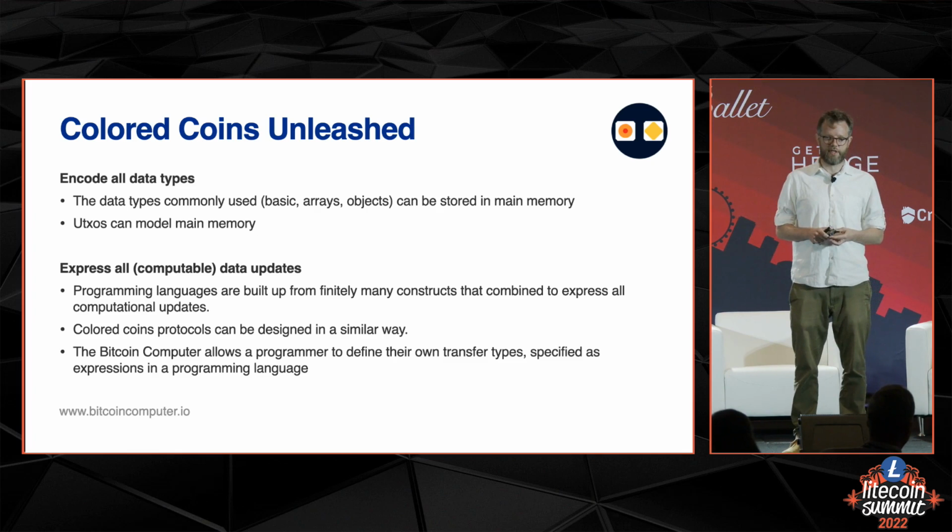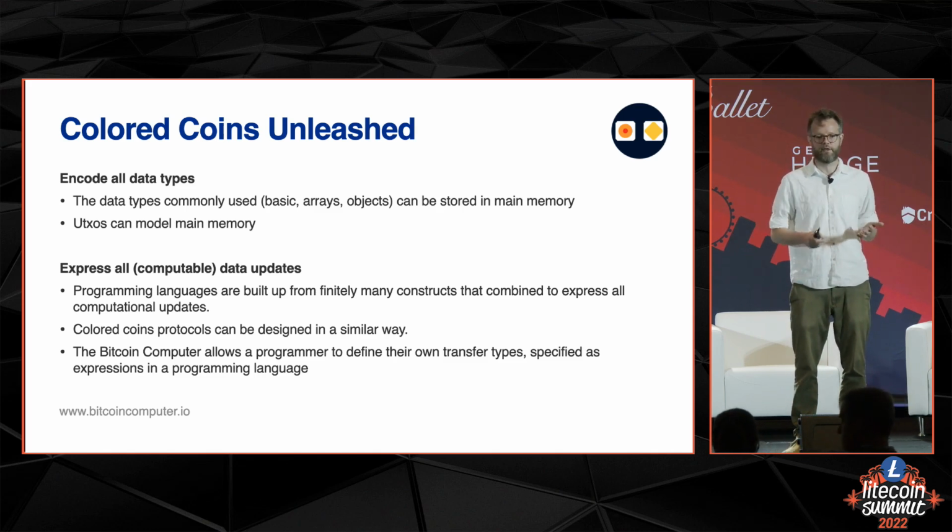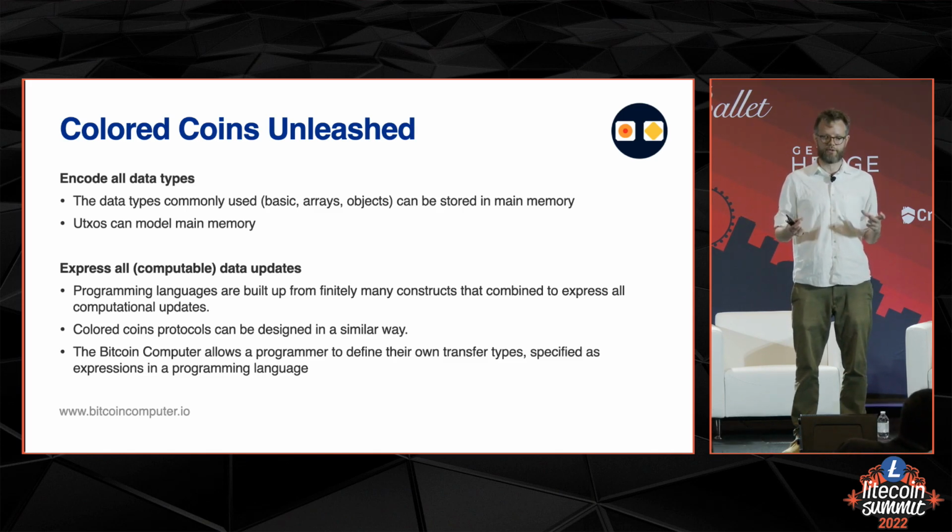Here the intuition is that programming languages aren't built up from an infinite number of constructs, right? Every programming language is built up from a handful of constructs. We have a few kinds of loops, we have if-then-else, we have assignments, right? And the point of a programming language is that these basic constructs are cleverly designed so that they can be composed to express any possible program.